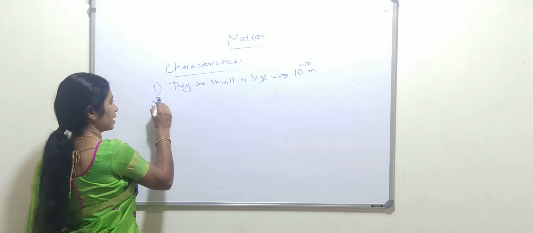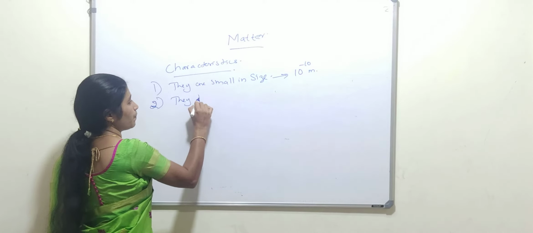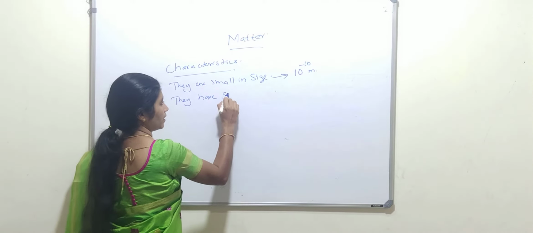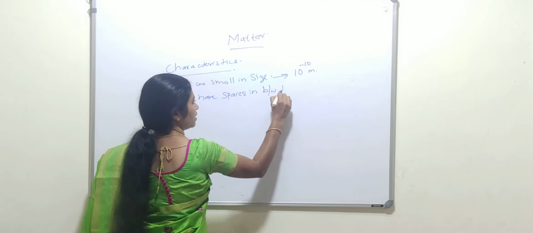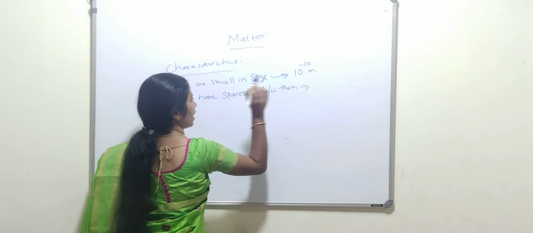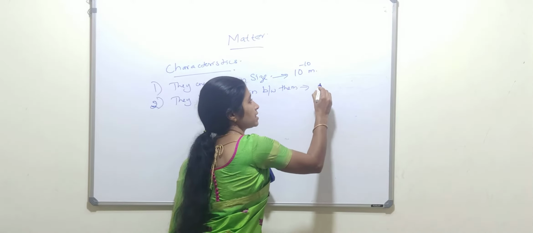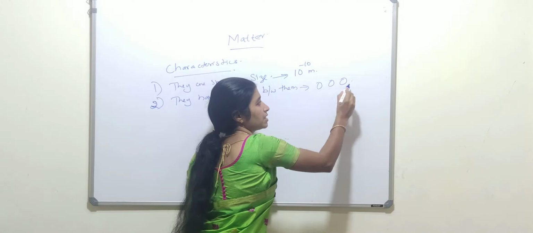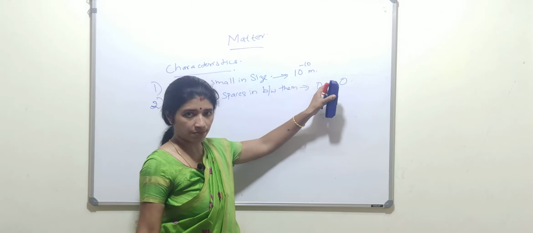The second characteristic is that they have spaces in between them. These molecules have small spaces in between them. I am marking these bubbles as molecules.